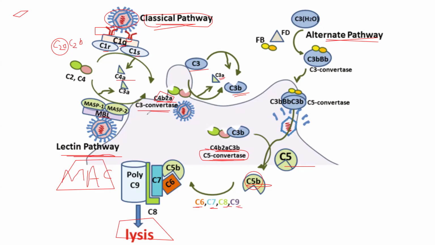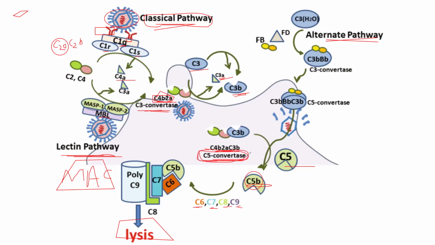Just like in the classical pathway, C4b and C2a act as C3 convertase and act on C3 to make C3a and C3b. This C3b combines with C4b and C2a to make C5 convertase.